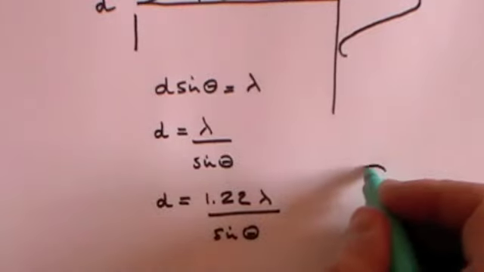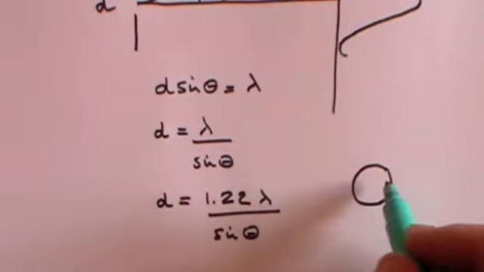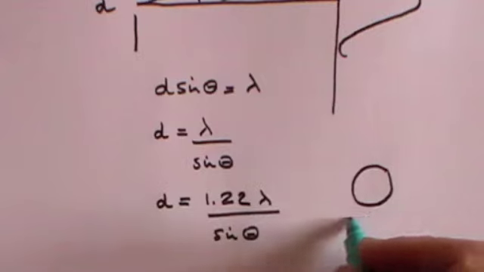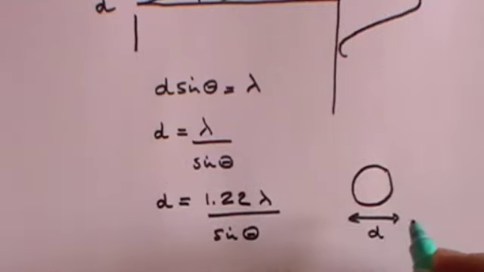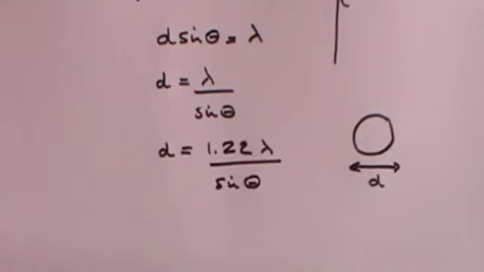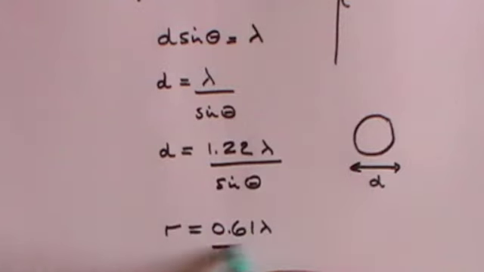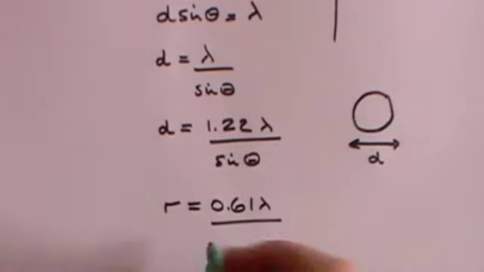In other words, here is the nucleus, D, and it behaves like, as it were, the circular aperture. And D is the diameter of that aperture. So the radius is going to be half that. So the radius would be 0.61 times lambda over sine of the angle.